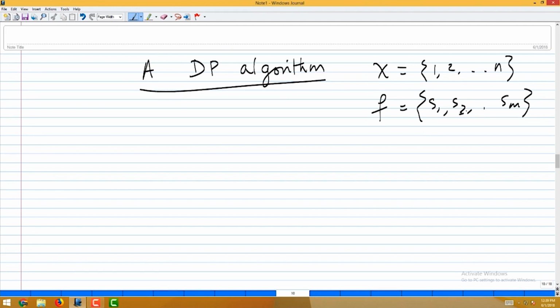So, we will try and detect some optimum substructure property. Actually, I think we probably did something similar for knapsack or some such thing.